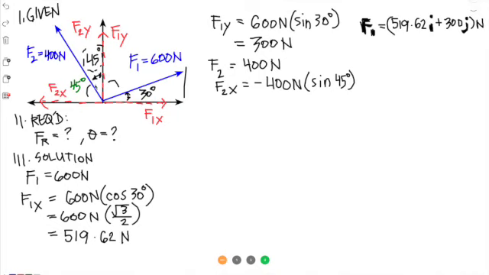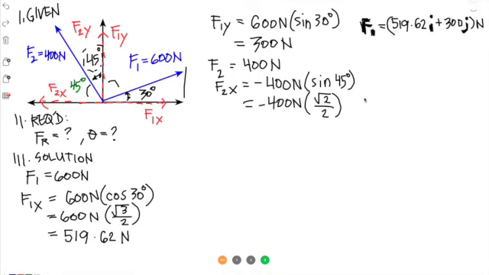This might be 50 and 40, or 60 and 30. So just stick to the correct convention. So sine 45 gives negative 400 newtons multiplied by the square root of 2 over 2.